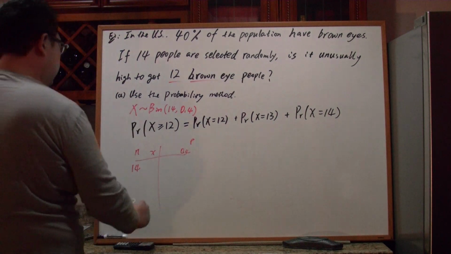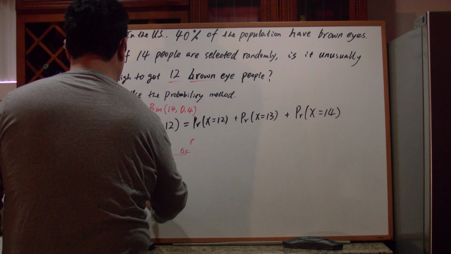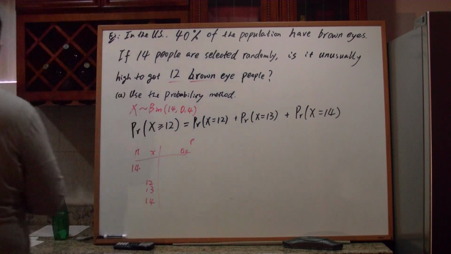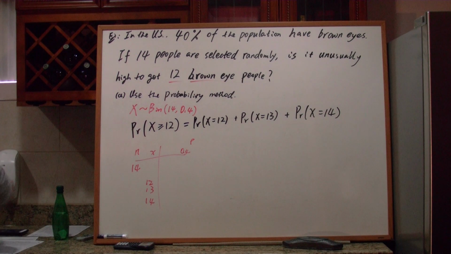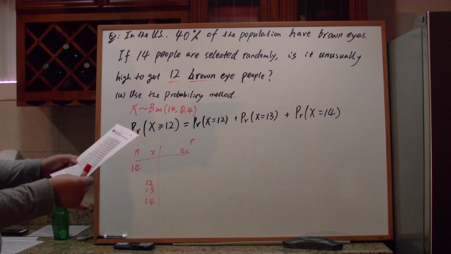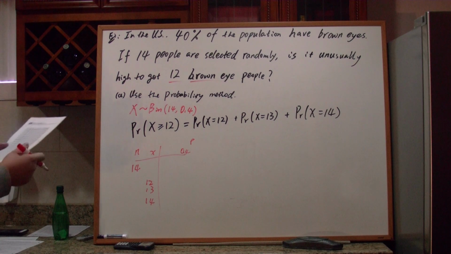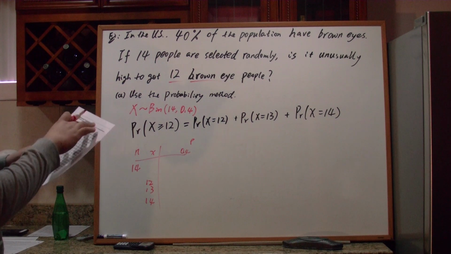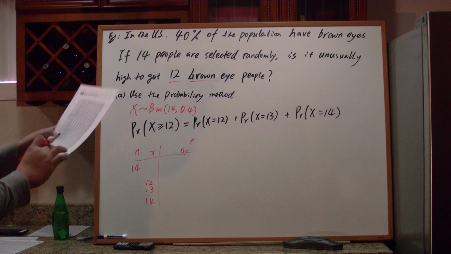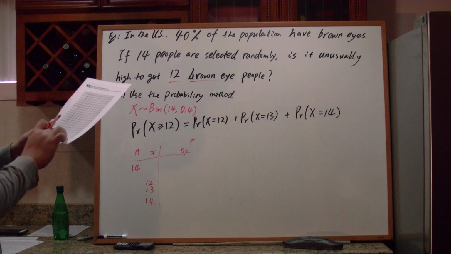The column needs to be 0.4, and the x values are 12, 13, and 14. So the block of 14, and column of 0.4 as the p-value, and we need to go to the rows of 12, 13, and 14.